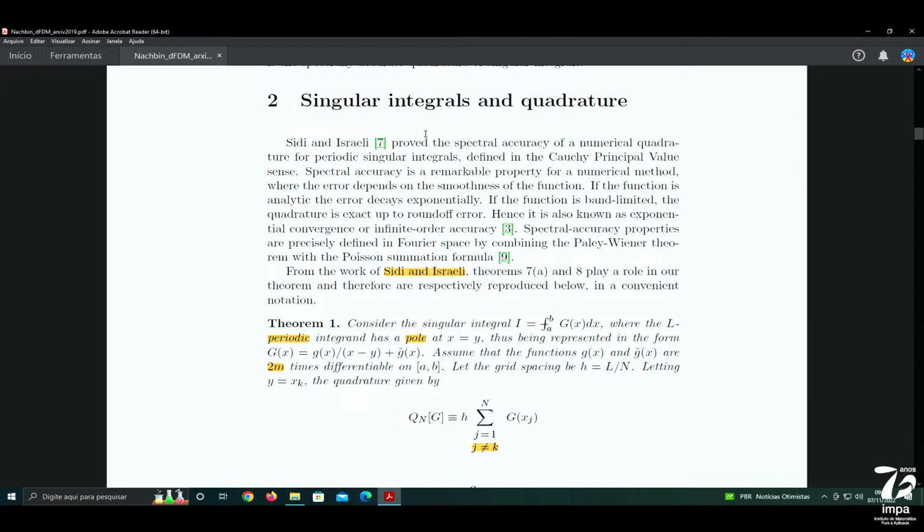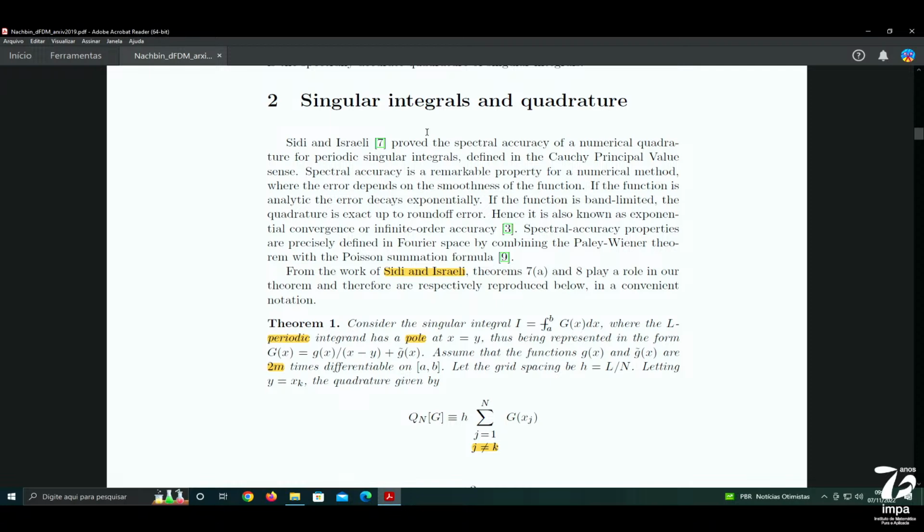I'm not mentioning it yet, but I'm going to compute derivatives using singular integrals and quadrature. Well, you already know what kind of quadrature, what kind of integration, I'm going to use. What is it? For singular integrals?